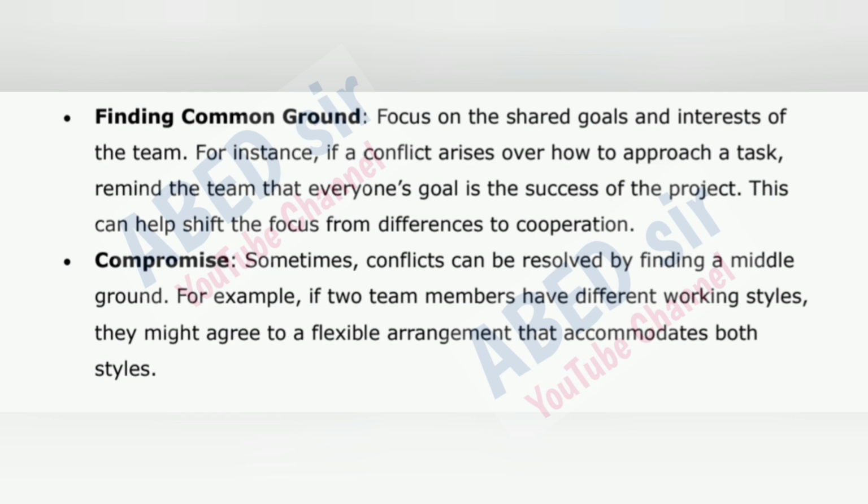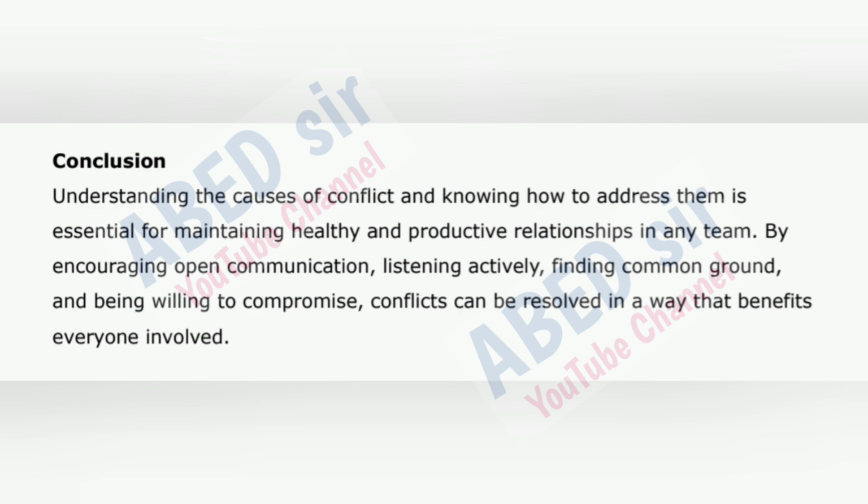Compromise. Sometimes, conflicts can be resolved by finding a middle ground. For example, if two team members have different working styles, they might agree to a flexible arrangement that accommodates both styles. Conclusion.